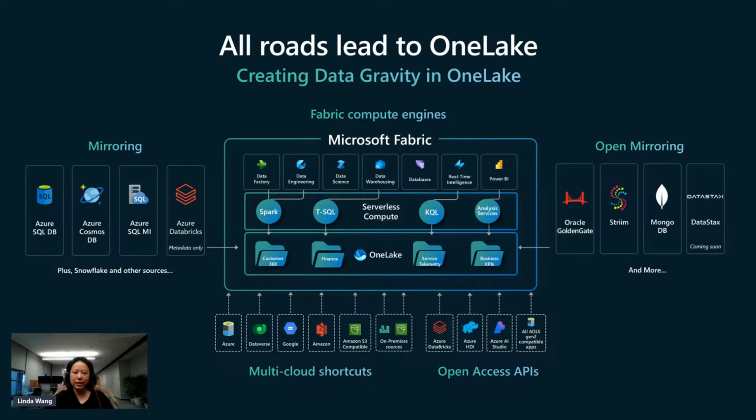So once the data is available in OneLake, on top of that, there is a rich set of Fabric native experiences that you can use seamlessly to do data engineering using Spark, query the data using the SQL Analytics endpoint, or do reporting using Power BI, etc. There are various types of consumption ways to really help you derive insights from the data that you bring in from different source systems. So this is the overview of mirroring.